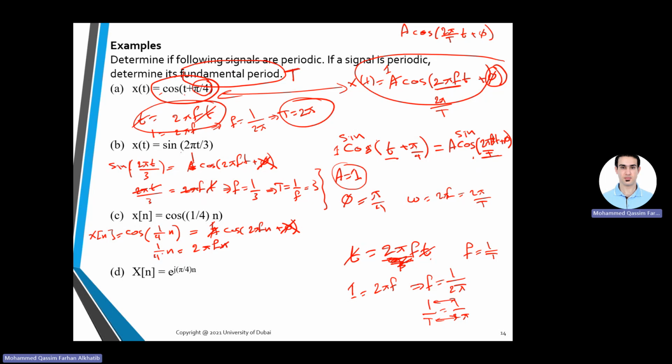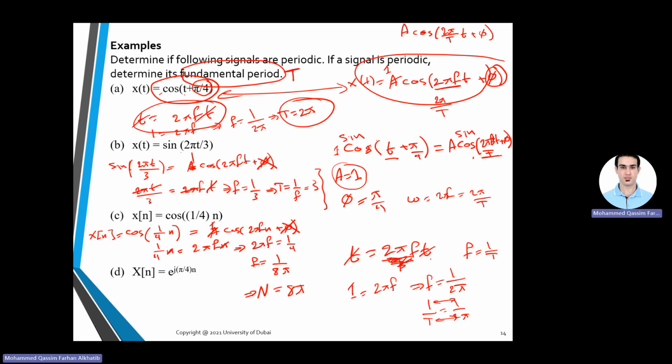So here n and n will cancel. I will have 2 pi f equal 1 over 4. F equals 1 over 8 pi. So remember, it's a sequence. We will not use uppercase T, we'll use uppercase N. N equals 8 pi.